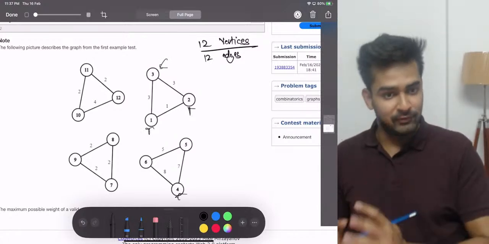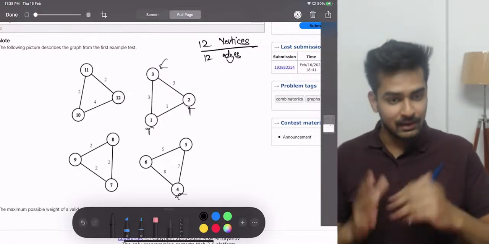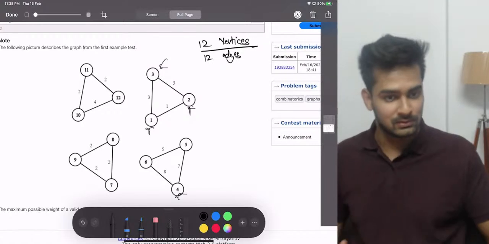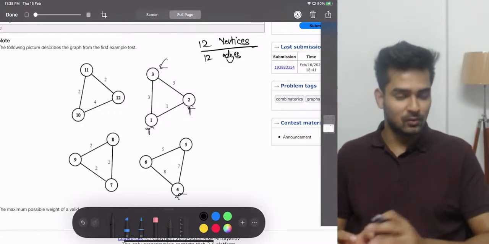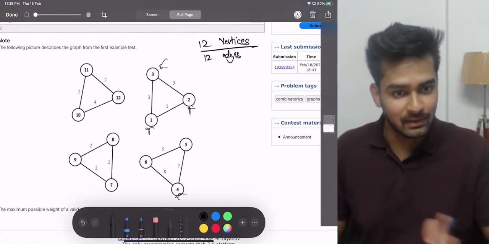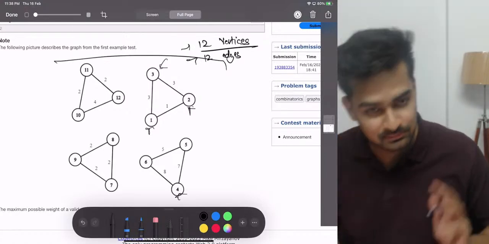And 12 edges. Every triplet is connected inside. So basically 1, 2, and 3 are connected internally. 1 is connected to 2 and 3, 2 is connected to 1 and 3, and so on. Every triplet is connected to all the adjacent pairs, and no two triplets are connected by any edge. So we had 12 vertices, 12 edges like this.